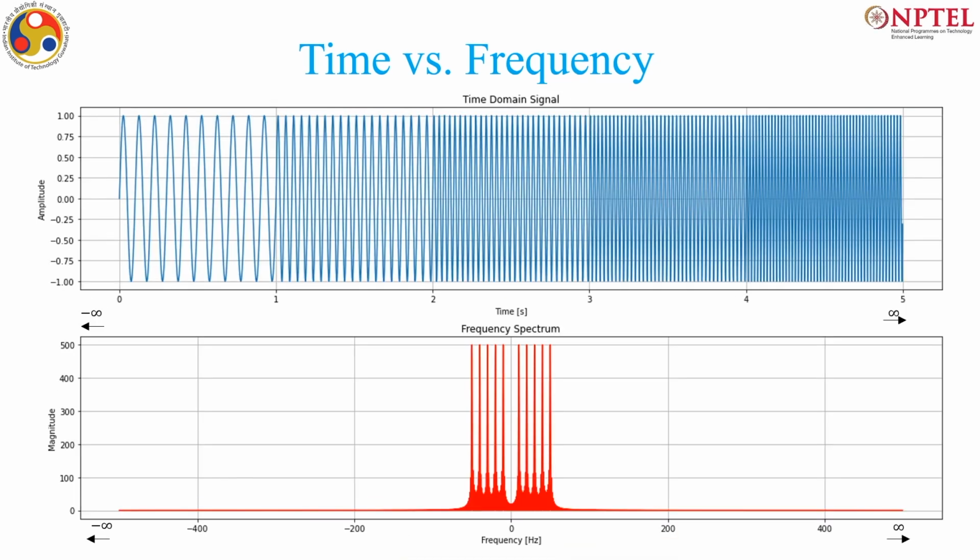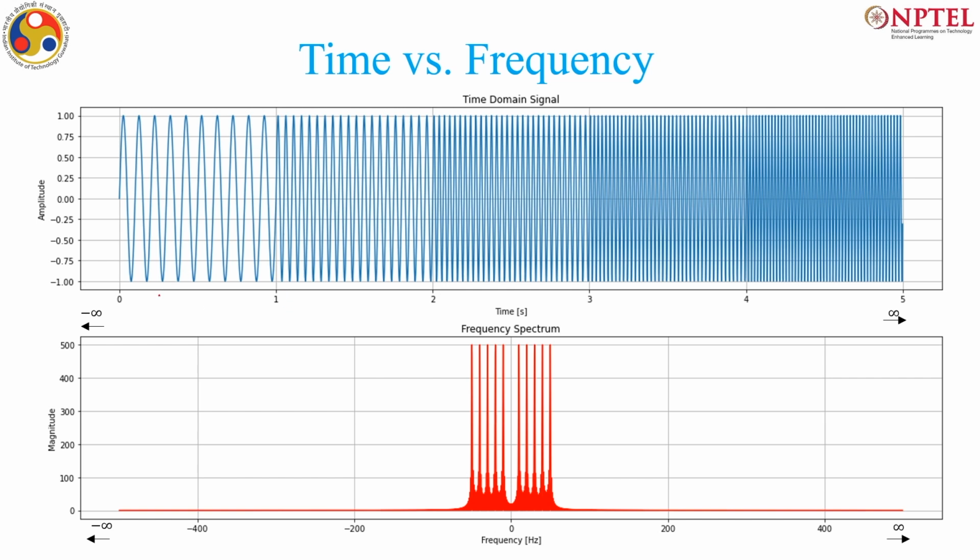What about this signal? This is a very interesting case. Here in the first second I have a sinusoidal signal of 10 hertz, because we can see 10 complete oscillations, and in the second second we have 20 oscillations.